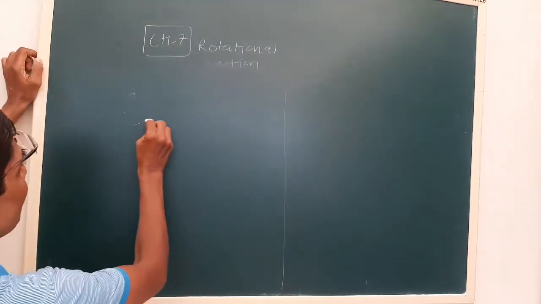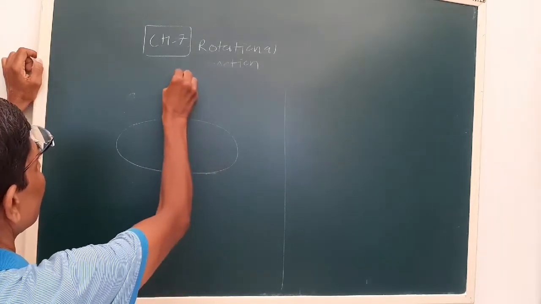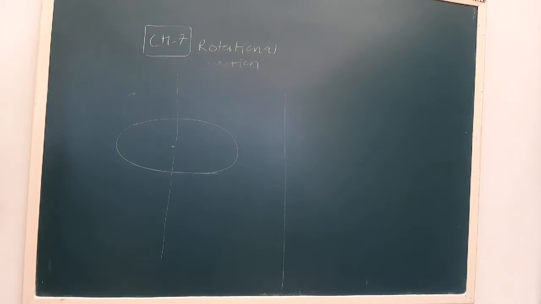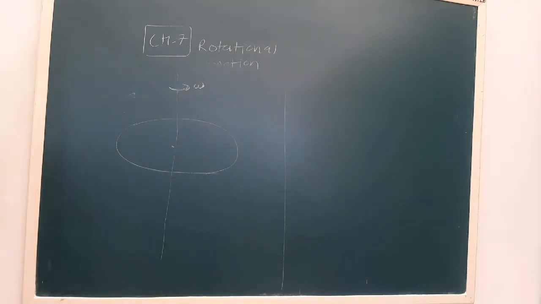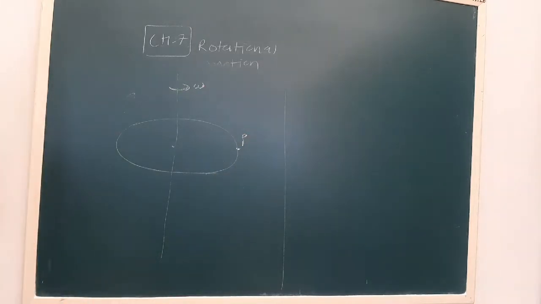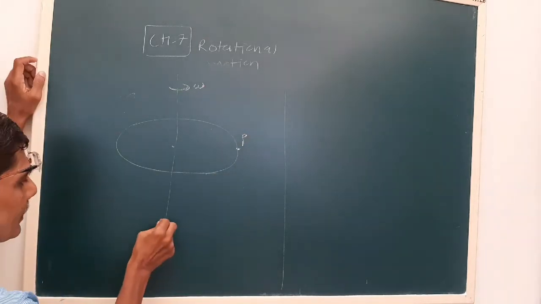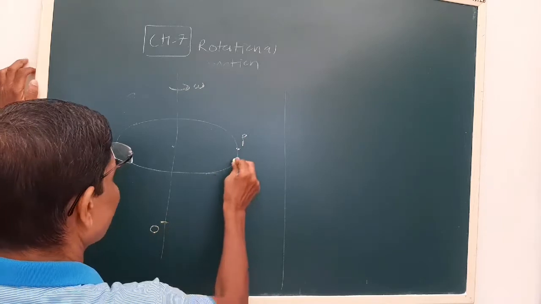Now let us say r is the radius of the circular path. This is our axis of rotation. Let us say P is a point on the rigid body. From point O on the axis of rotation, OP is a position vector.